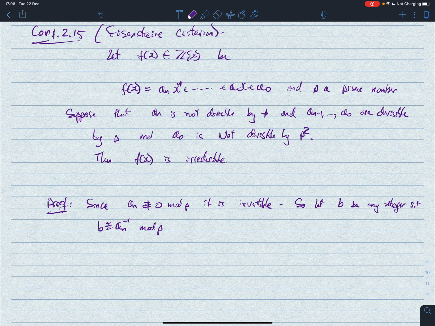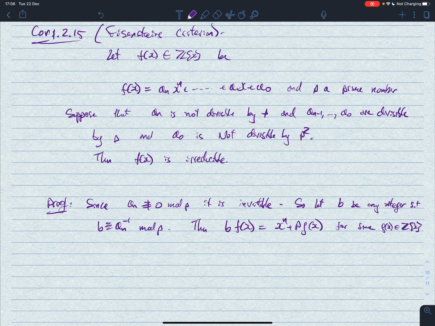So b is congruent to the inverse of a_n. Then b times f of x will look like x^n plus p times g of x, I can write this for some g of x in Z[x].